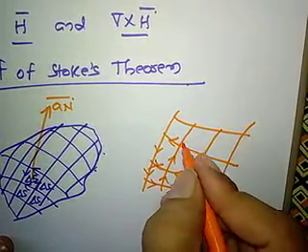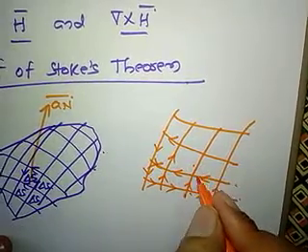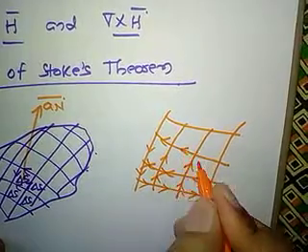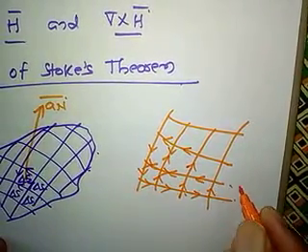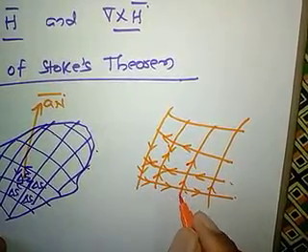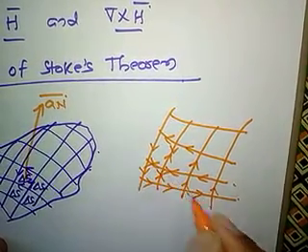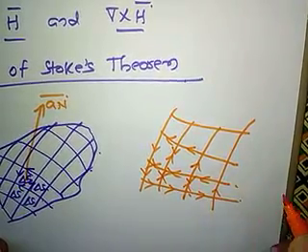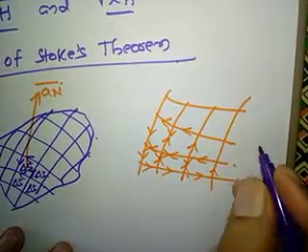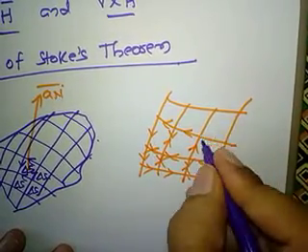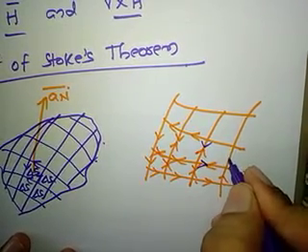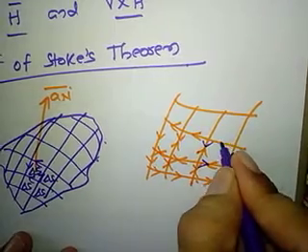For the neighbouring surface it is flowing in the opposite direction. Similarly, if we consider this path, it is opposite here.